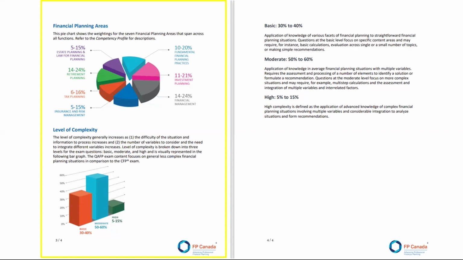For example, if a question asks you to determine the client's cash flow shortfall in the event of 12 months of disability, this question would involve an analysis function in the insurance and risk management area, and it might be assigned a moderate level of complexity depending on the content of the information that is being analyzed.